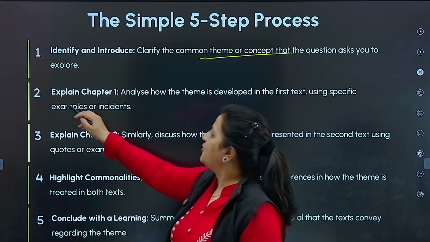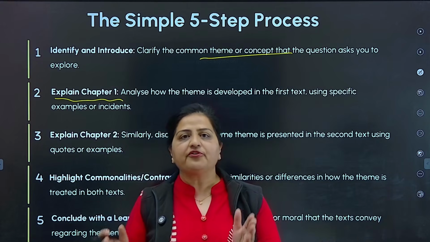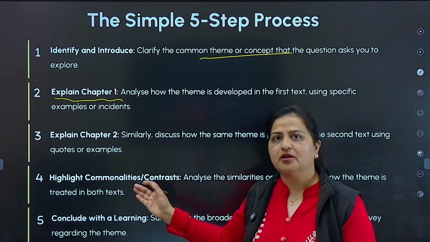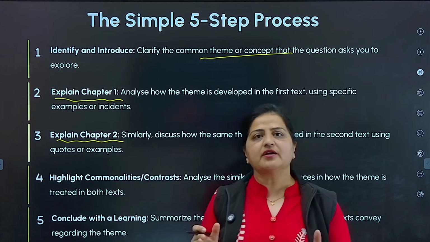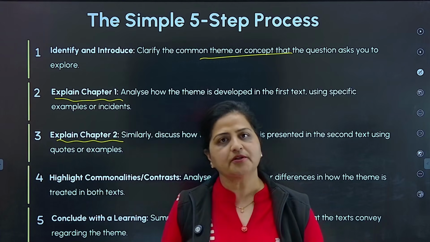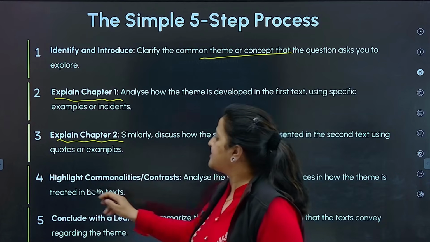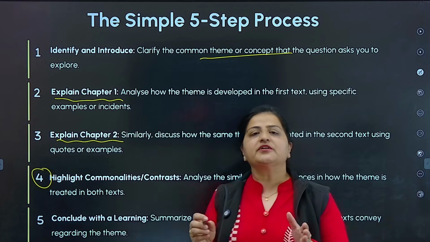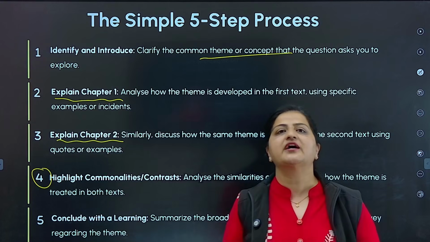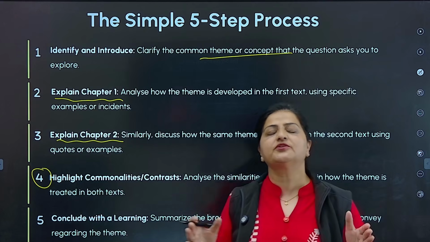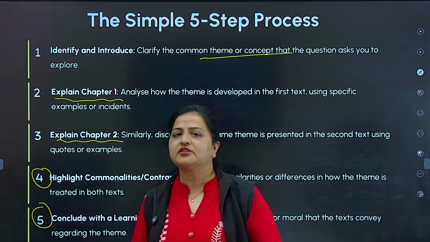Then you have to explain the same theme taking an example of a character from chapter 1, and the same theme using an example from chapter 2, both of which are already given to you in the question. And step 4, which is quite important in scoring, is where you give the similarities and the contrasts between the characters or the texts that you are comparing.